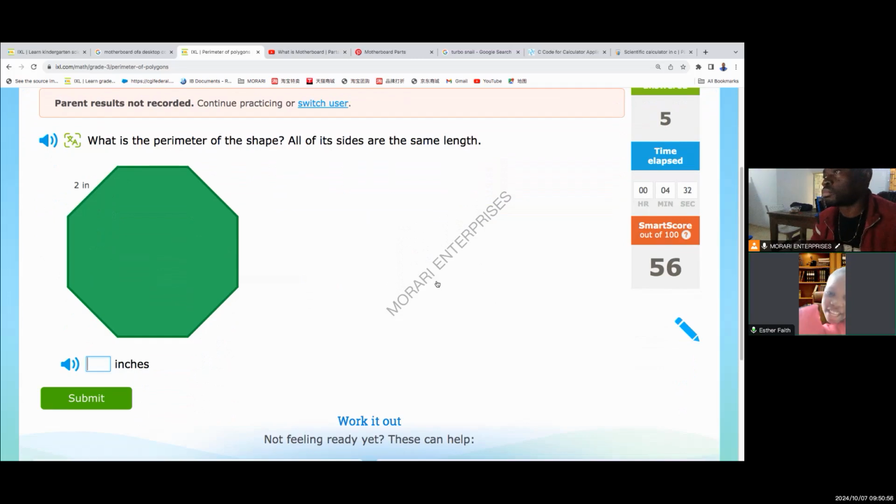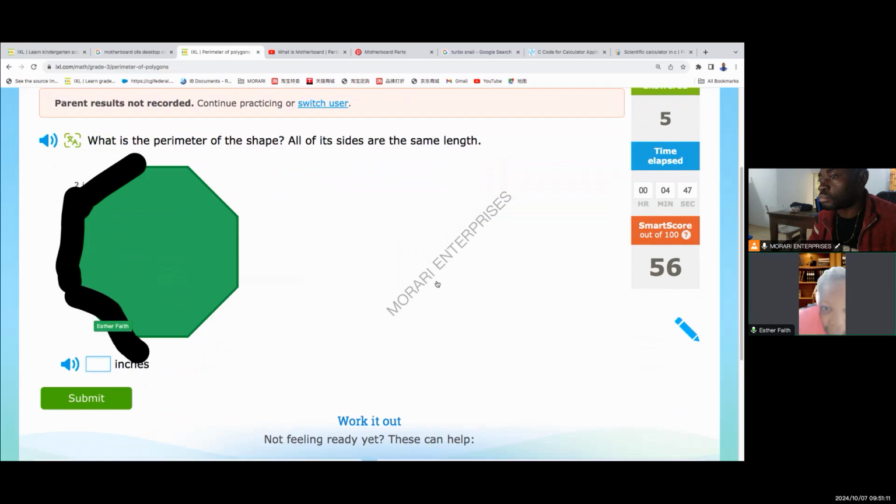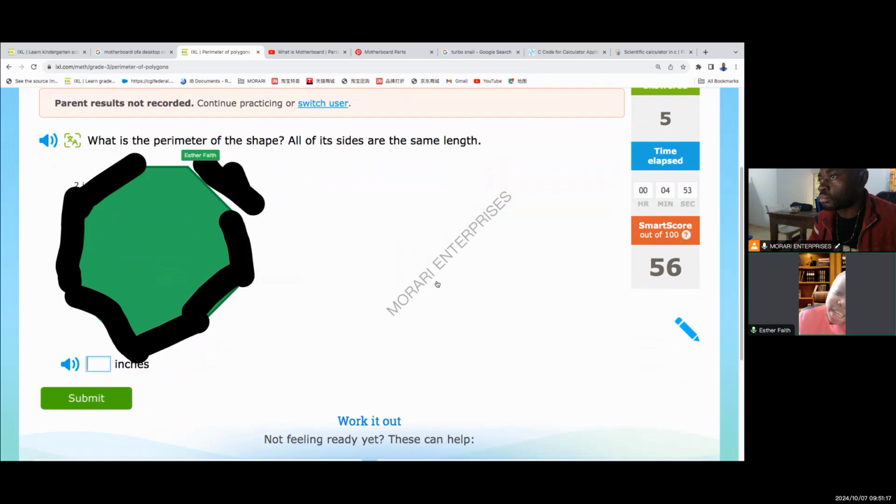All of its sides are the same length. 2 inches plus 2 inches plus 2 inches plus 2 inches plus 2 inches plus 2 inches plus 2 inches plus 2 inches.